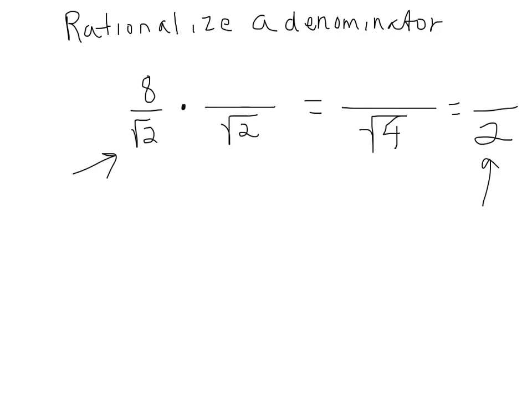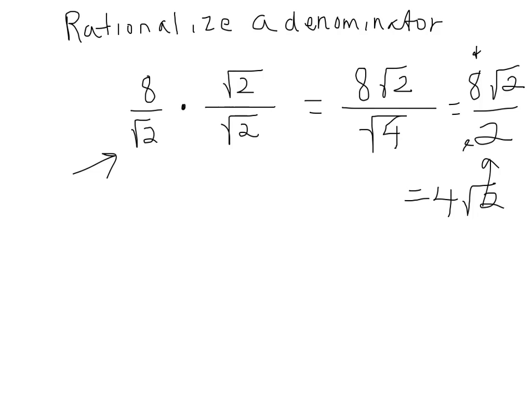And once again, no radical in the denominator. Well, if I multiply something, I need to multiply it by a form of 1 in order not to change its value. So this is going to be 8 square root of 2, which does not reduce. But this time I have 8 divided by 2. Notice that they are outside the radical and they reduce. So this final is 4 square root of 2.